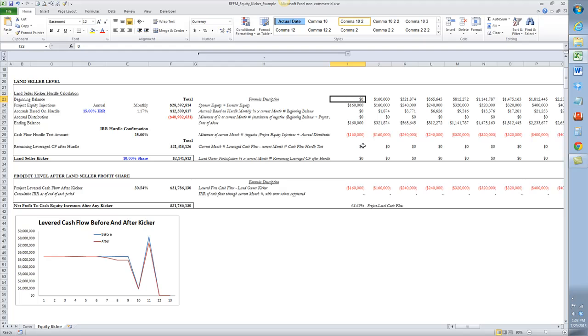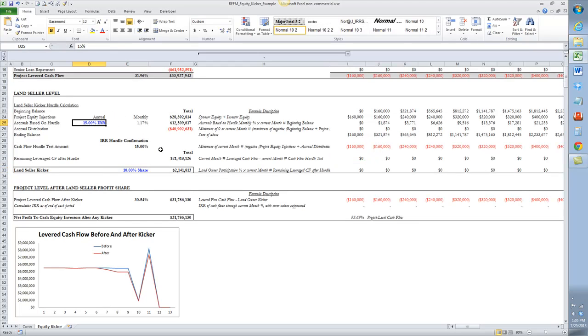And then we will deduct those dollar amounts that relate to the 15% level of performance and then apply a share of remaining dollars, meaning dollars in excess of the performance level of 15% IRR, to figure out what is the actual amount that the land seller will actually get. And so in this case, we will assume it's a 15% IRR hurdle, and the land seller will get 10% of all dollars of profit above and beyond those required to achieve the 15% IRR.